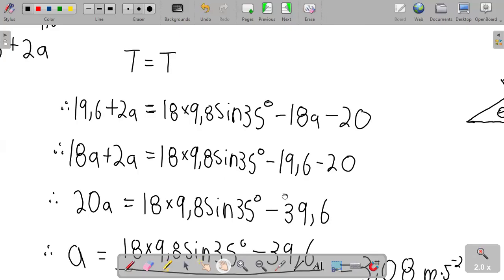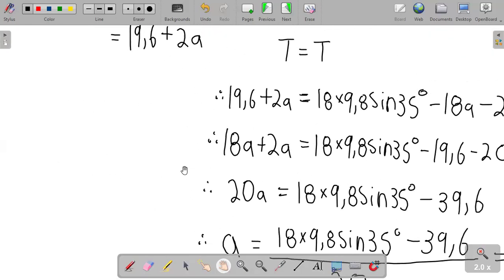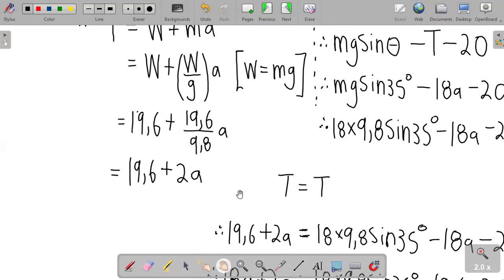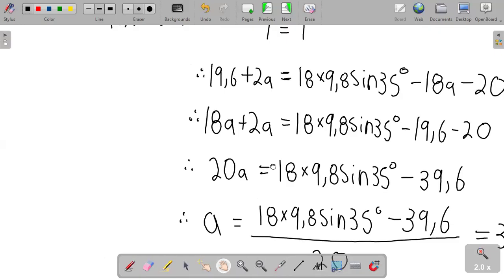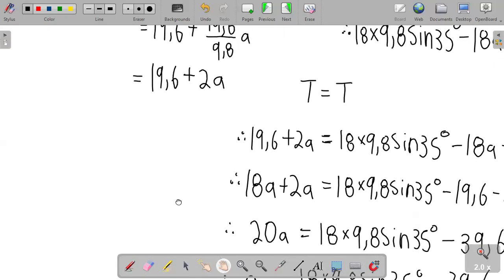And then you can make A the subject and it gives you the answer. Okay, so that's what you had to see, that you don't have the tension. So the tension had to be eliminated somehow because we don't have it.